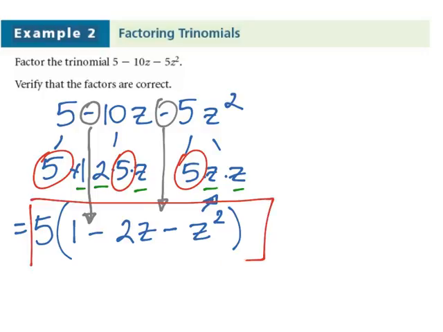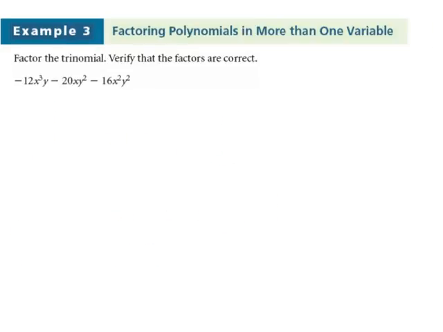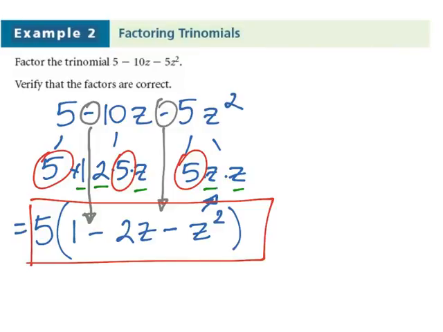Let's take a look at the next, and I believe the last, problem. We're going to factor the trinomial, and we're going to verify that the factors are correct. Actually, I want to go back to the last problem and show you how to verify that your answer is correct.